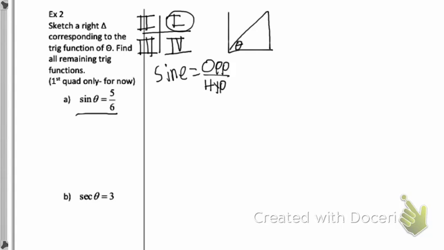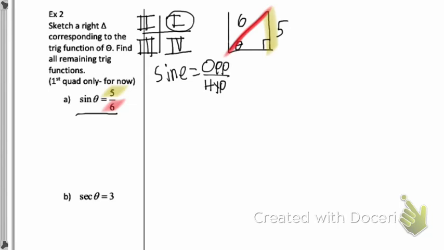This is opposite, which is 5. And the hypotenuse is the color in red, which is this, because this is a 90-degree angle. So this side would be 5, and this side would be 6, because 5 is the opposite side of theta, and 6 is the hypotenuse, since it's the largest side.